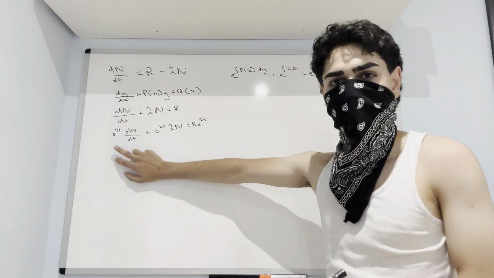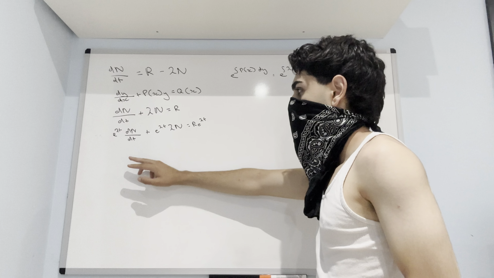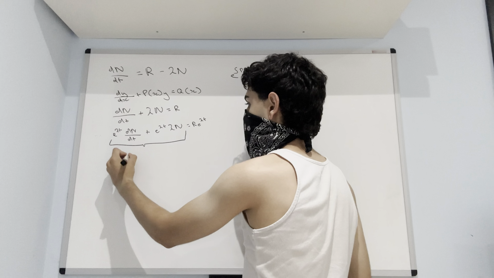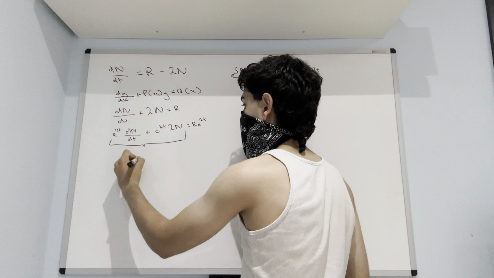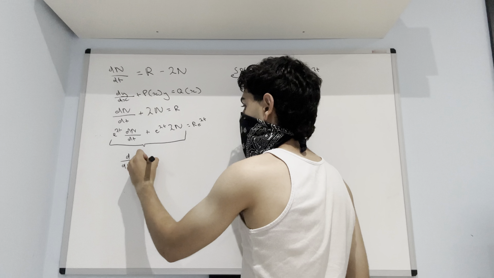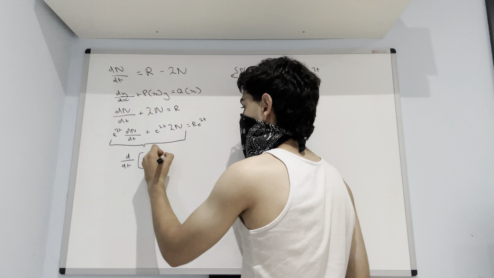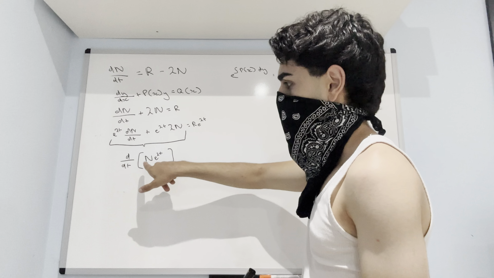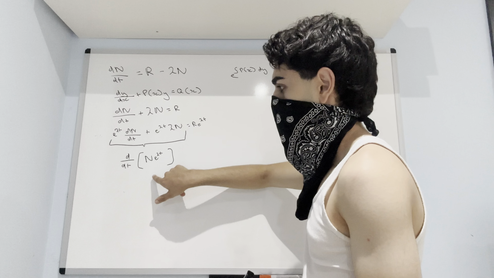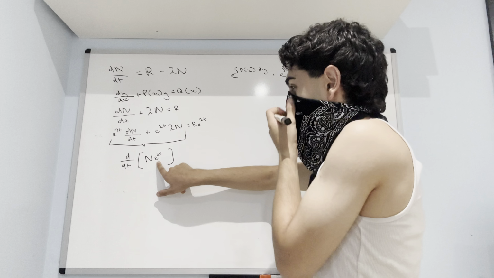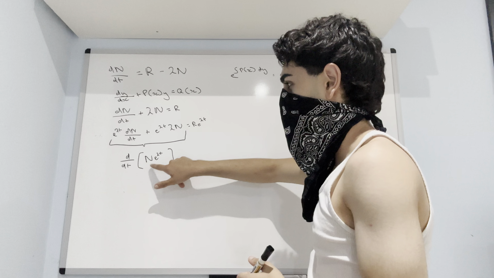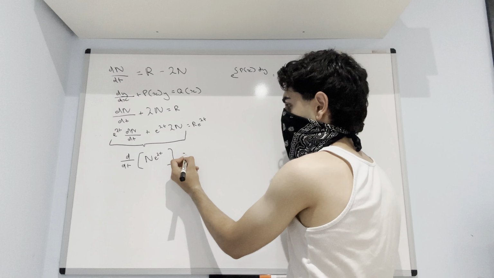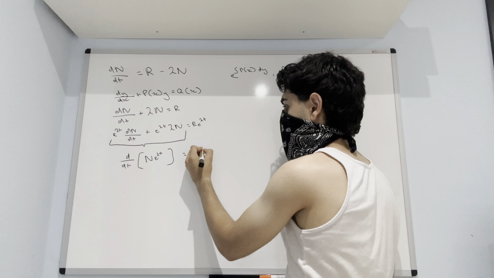Now, if we look at the left-hand side, it might not be that obvious, but this is just equal to, by the product rule, the derivative of this. When you differentiate that and multiply by that, you get that. When you find a derivative of the exponential and multiply by that, you get that. Just have to spot that one. So it's equal to R e to the lambda t.